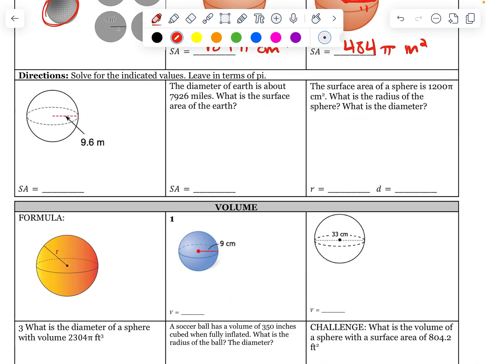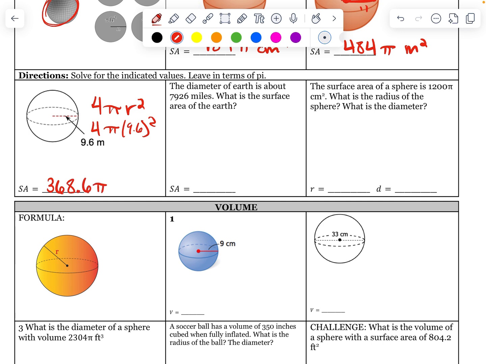Solve for the indicated values, leaving in terms of pi. So the surface area, 4 pi r squared, 4 pi 9.6 squared. This is going to be messy. 4 times 9.6 squared is 368.64 pi.